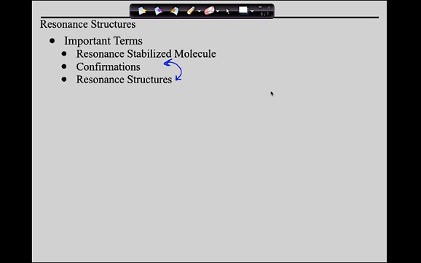Let me give you a better term, and then let's talk. Guys, we are not going to call these 1.5 bonds. So what are they? They are what are called delocalized pi bonds. So what does delocalized mean? Without location.